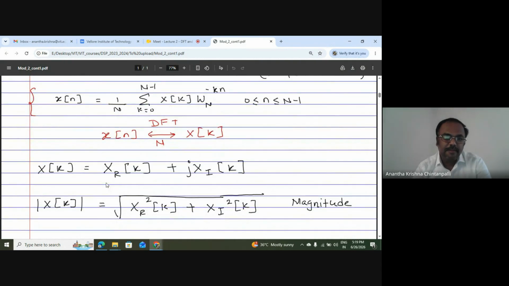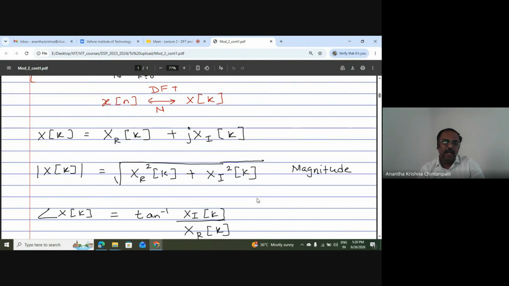Clearly, because of the basis function, the DFT in general will be a complex number. So capital X of k is equal to capital X R of k plus j times capital X I of k, the real part and the imaginary part. If I want the magnitude, as you know, it is the square root of the square of the real part plus the square of the imaginary part.